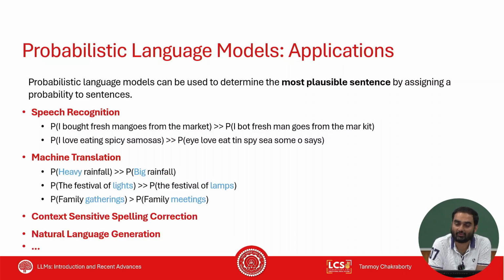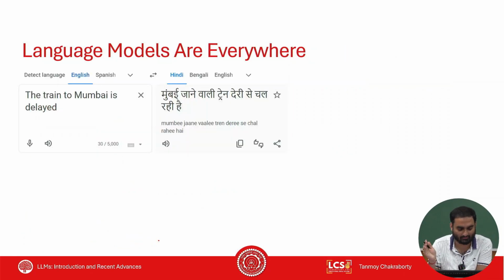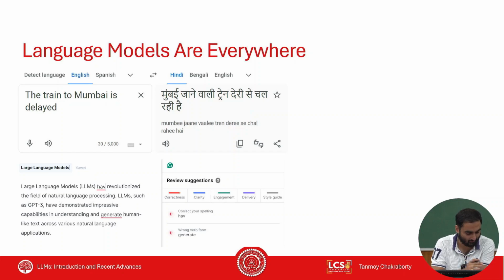Okay, so therefore oftentimes we say that a language model is so simple, but it captures not only the grammar but also world knowledge. Okay, it is also used in spell checking, natural language generation, and so on and so forth. There are lots of applications, right? Machine translation, as I mentioned, is one application. Let's say you are translating English to Hindi, right? Here you can use a language model.